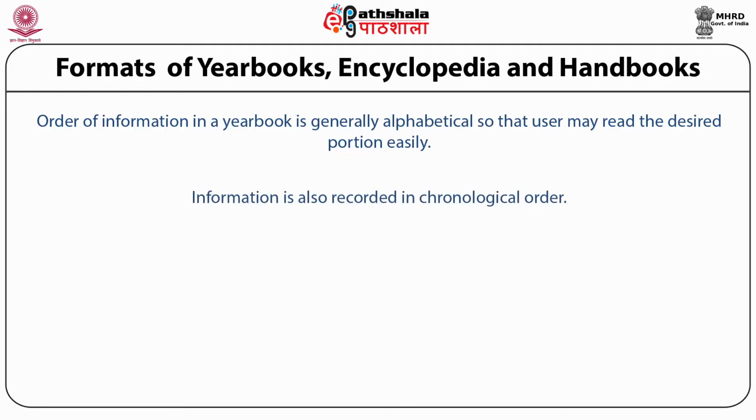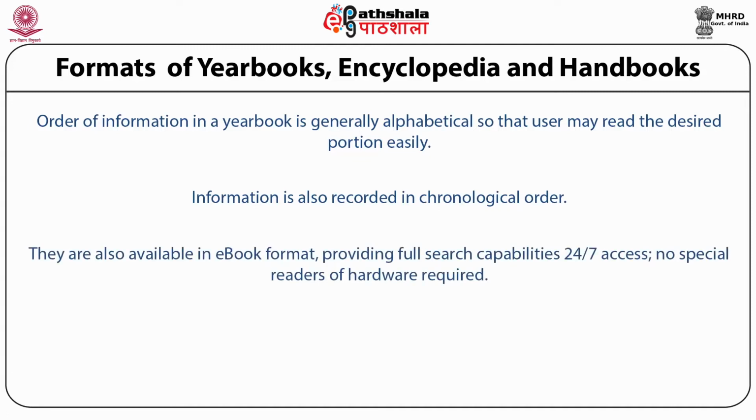Sometimes these entries are also recorded in chronological order so that the user can access the entries from a historical perspective. These forms of publications are also available in ebook format currently, providing full search capabilities, 24 by 7 access, and no special readers or hardware is required.